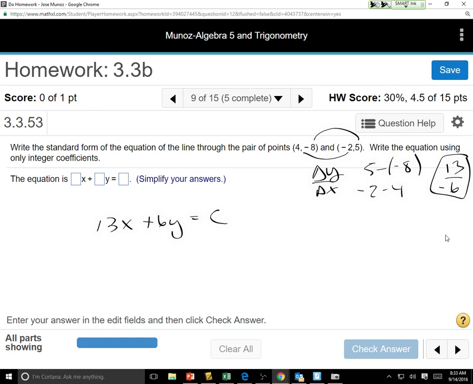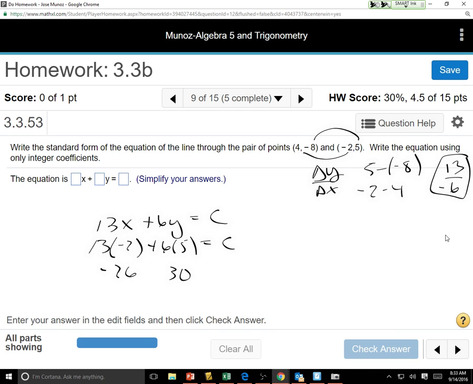And then I could plug one of the 2 points in. It doesn't matter which one. I'm going to pick the small numbers. So it should be 13 times negative 2 plus 6 times 5 is c. This is 30.